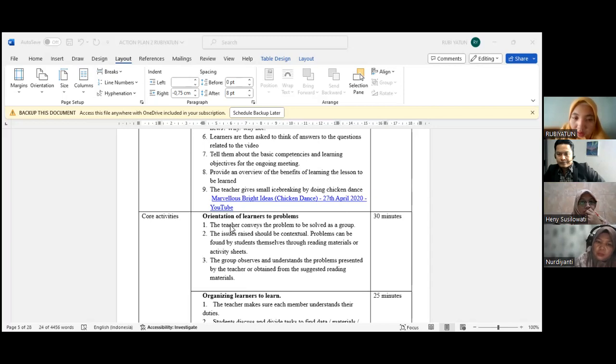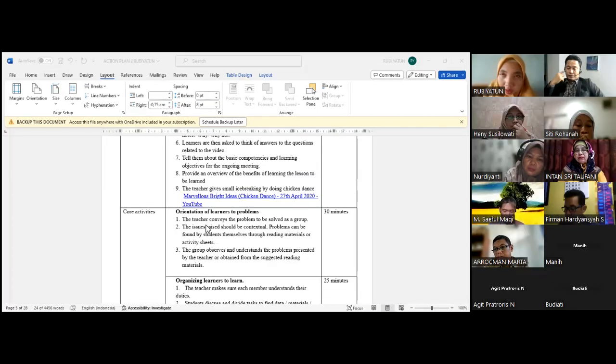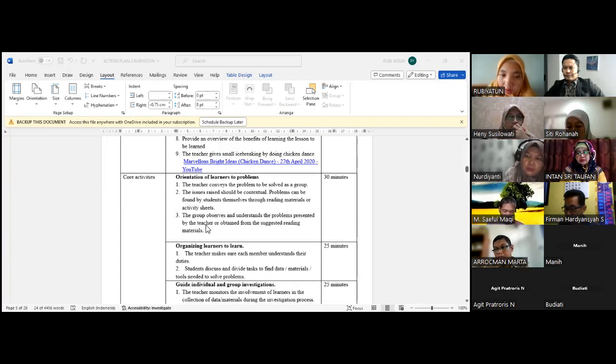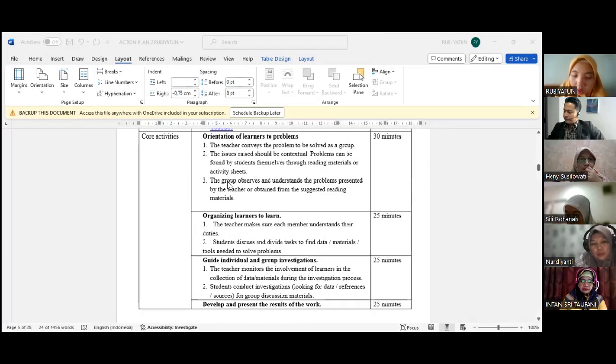Then the teacher explains using PowerPoint the generic structure, language features, and social function.